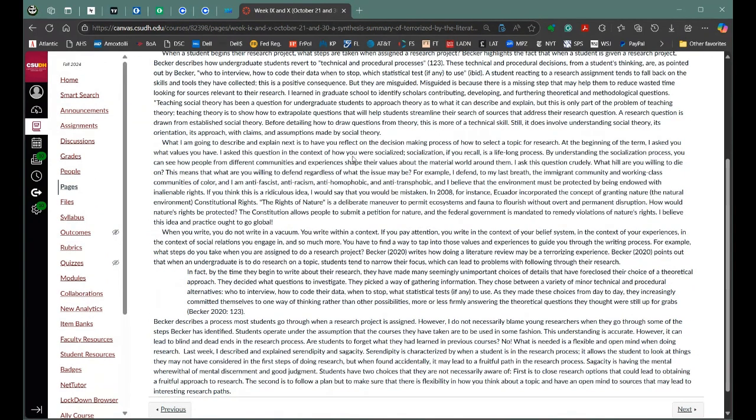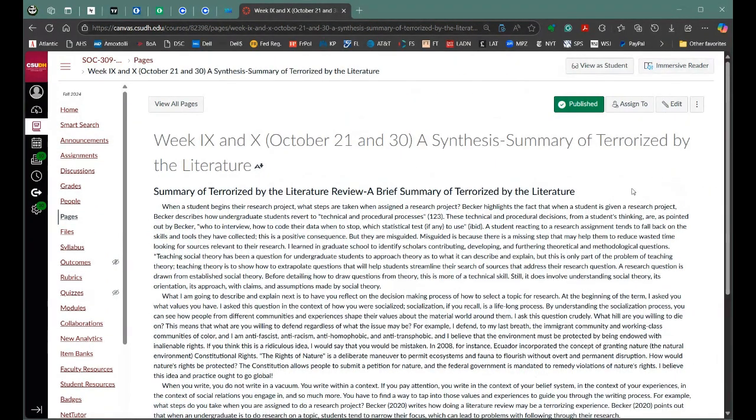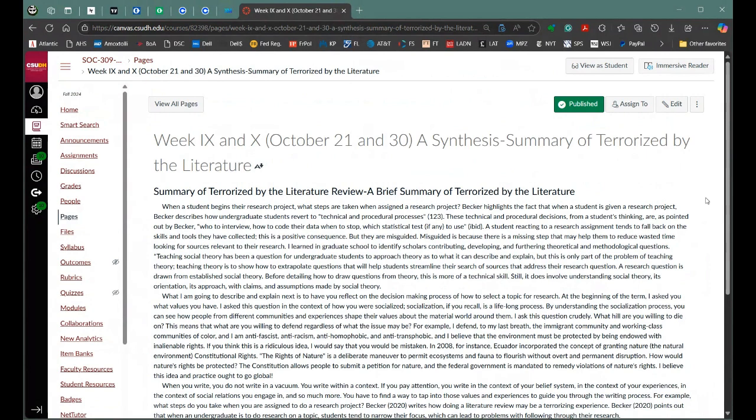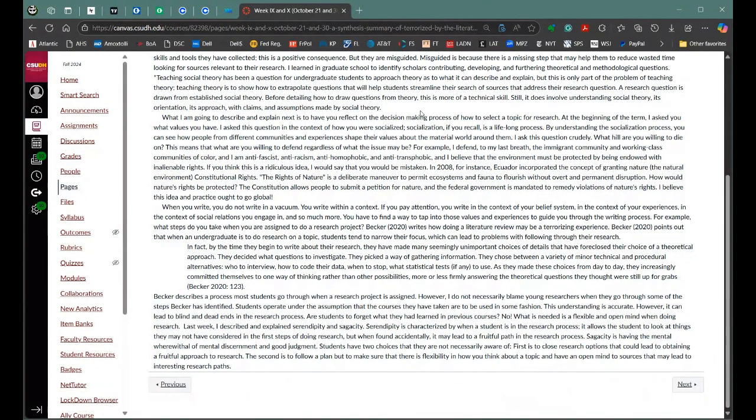So this one is more of a summary of Howard Becker's Terrorized by the Literature, and this is just providing a general overview of what he explains in the chapter. Okay, so I'm not going to spend too much time on this, right?